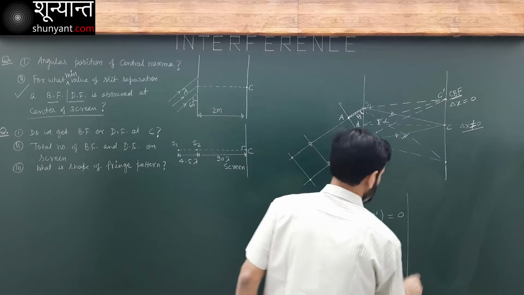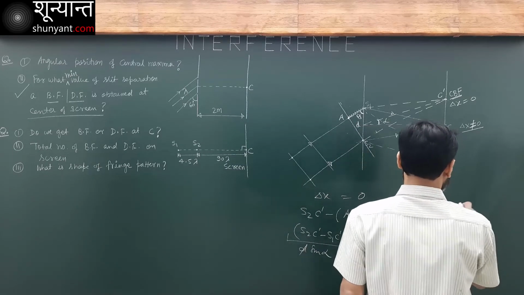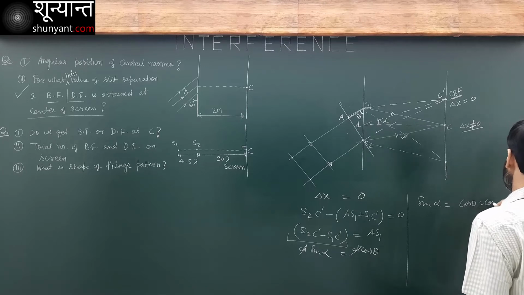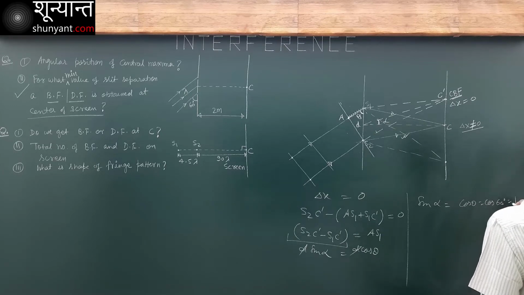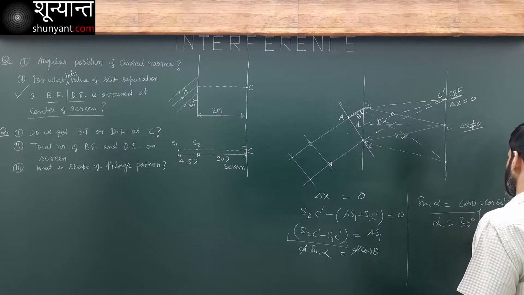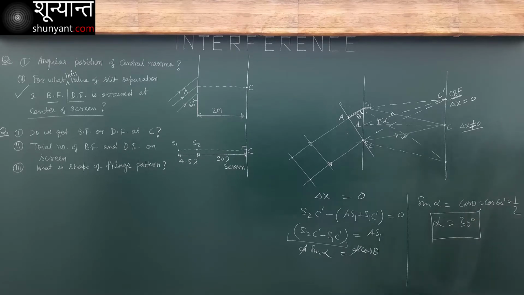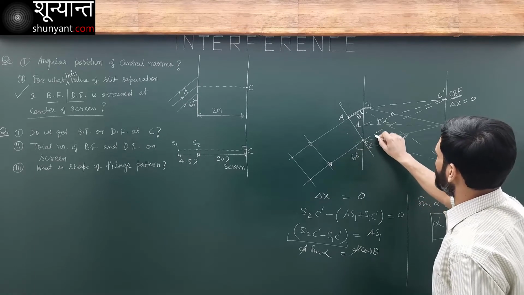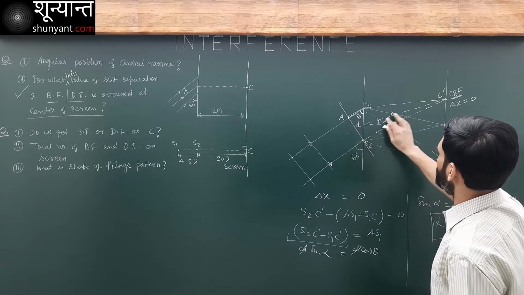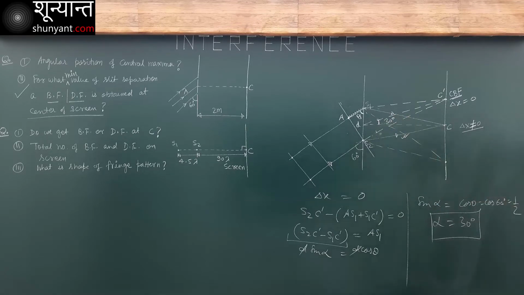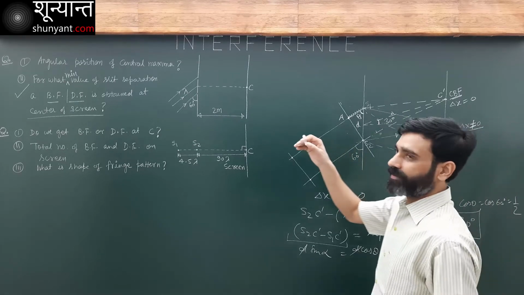Sine alpha is equal to cos theta. It is cos 60 degree, which is equal to half. So alpha will be 30 degree. If this angle is 60 degree, this is going to be 30 degree. This will be the angular position of the central maximum.